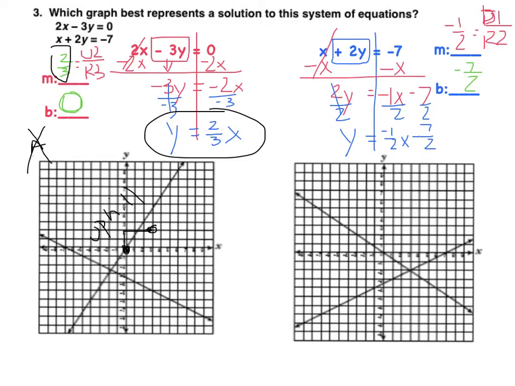So let's try the next one, option B. I see the y-intercept of 0, but that line's going downhill, and I know that it's supposed to be going uphill because the slope here is positive. So I know that's automatically wrong. So let's look at the next two.